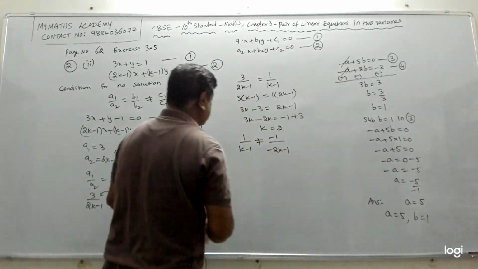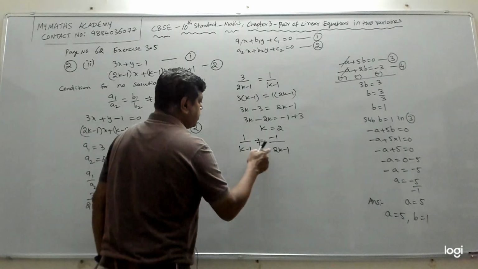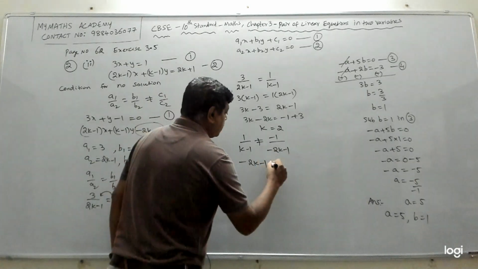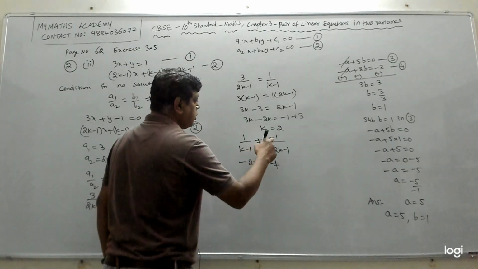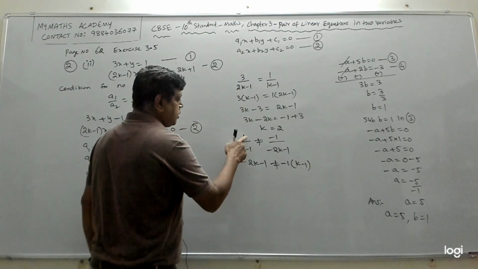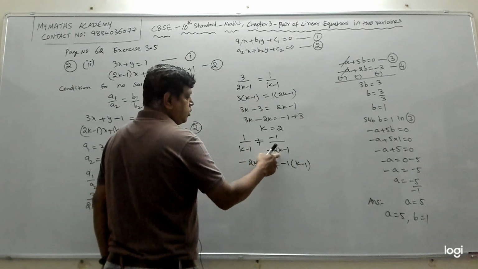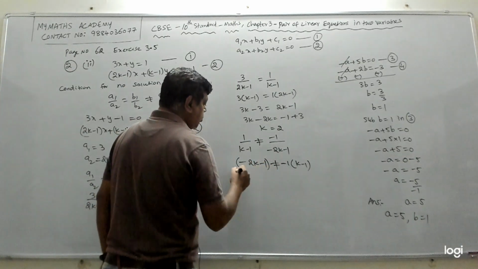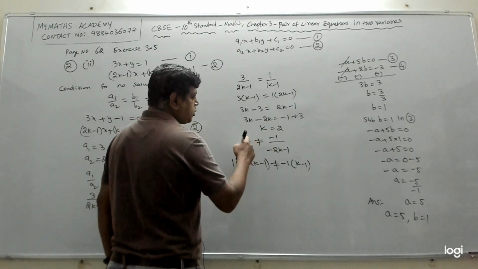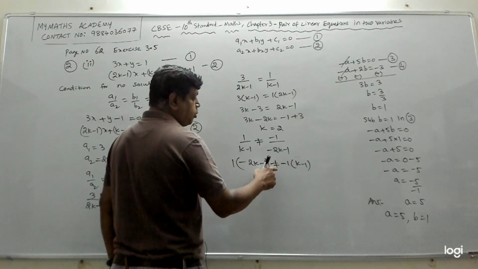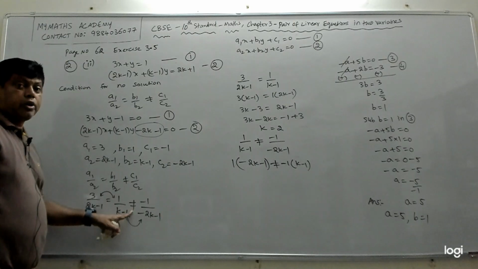See what it is, cross multiply. So this into this, so minus 2k minus 1, not equal to k minus 1 into minus 1. So minus 1 into k minus 1. So this into this, 1 into 2k minus 1 is 2k minus 1, not equal to, don't put equal to, because the condition is not equal to, right?